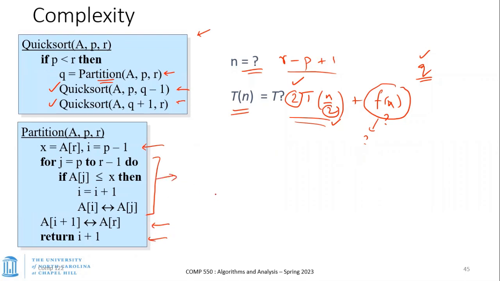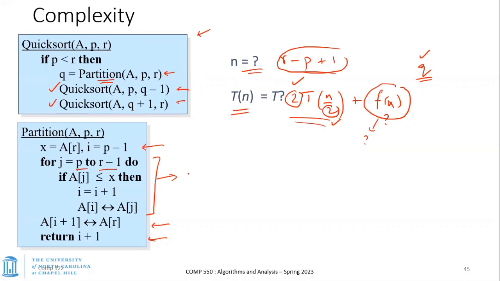What's the order of complexity of the for loop? Going from P to R minus 1. And we said that N is equal to this value, so it's basically going from P to R. So the complexity of the partition should be order of, or theta of n.